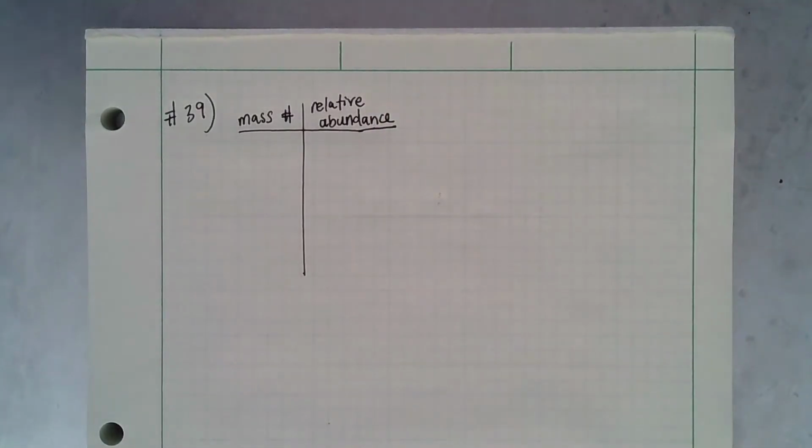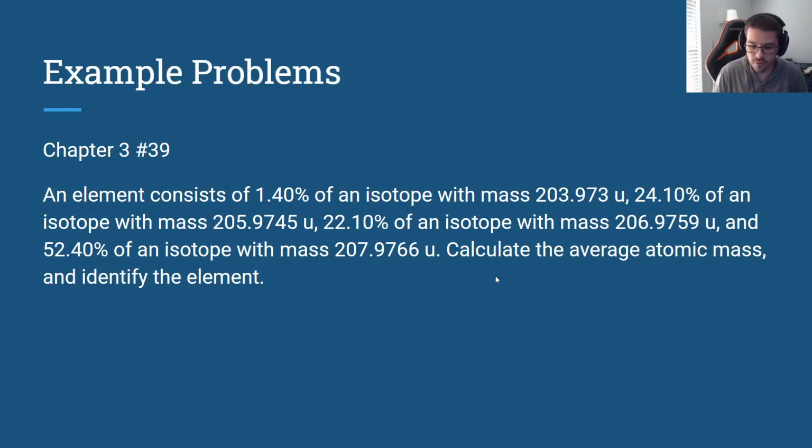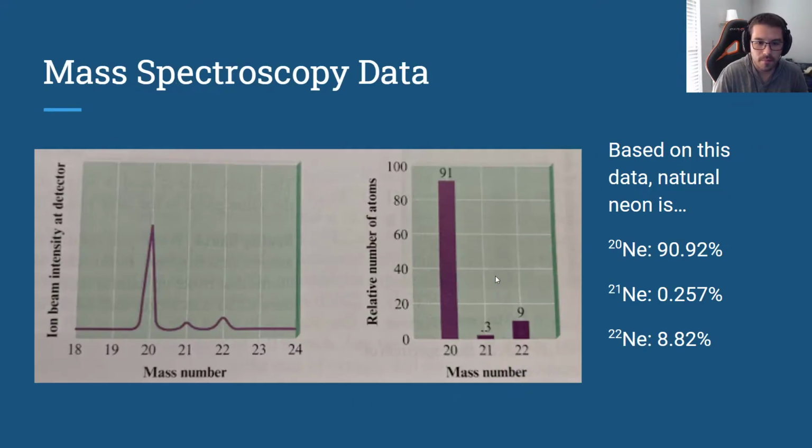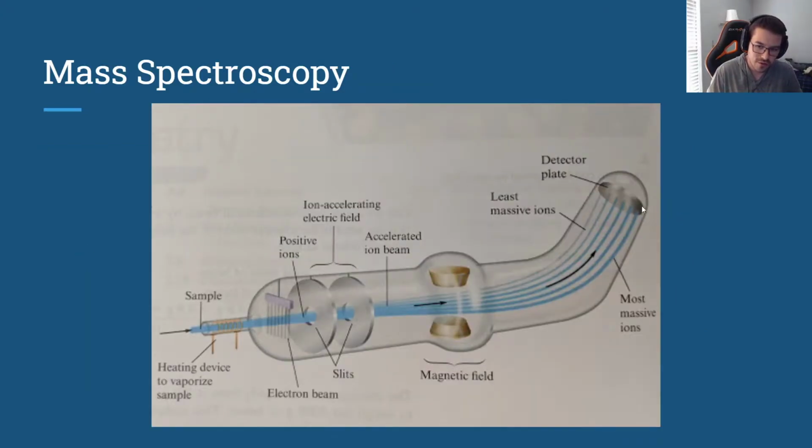Just to pull you back to the slides here for just a second, if we go back and look at this data here, that's essentially the y-axis on these 2 graphs. This is the actual data that comes out of the mass spectrometer, and this is the ion beam intensity at the detector.